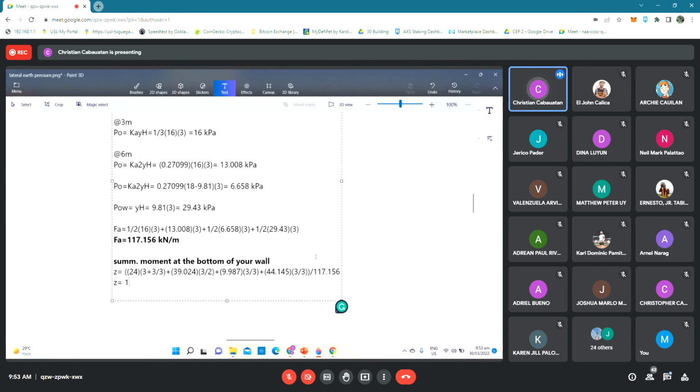Something like 1.78, yes, sir, in meters. Okay? So that is the location of your resultant force. Okay? So yan yung kanyang ganun.